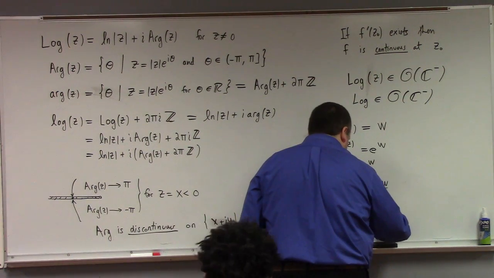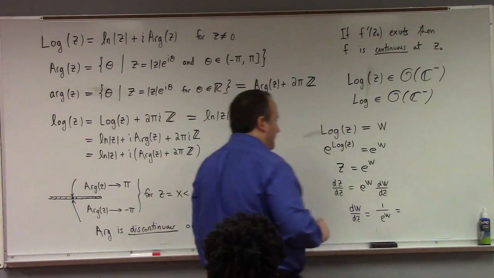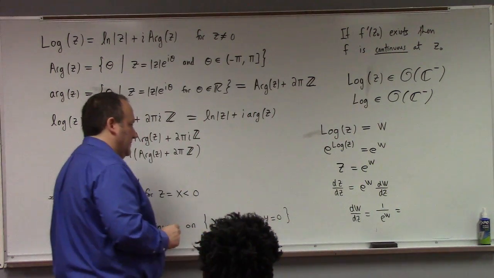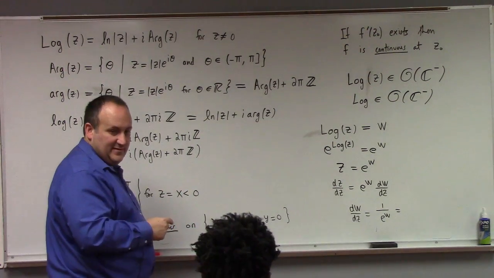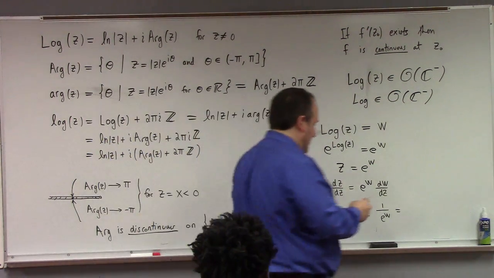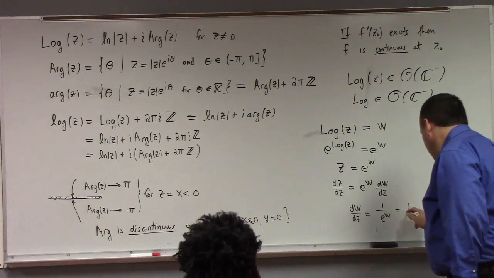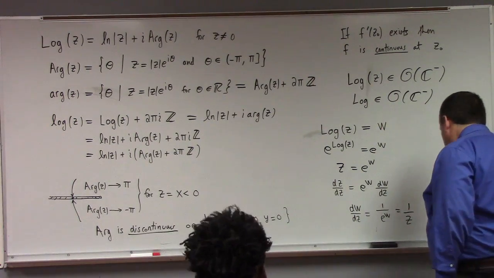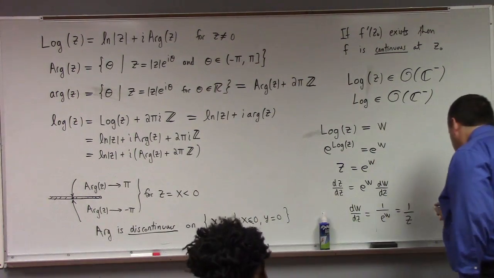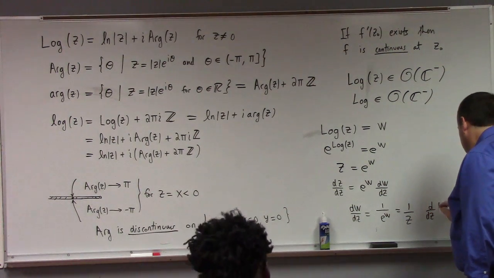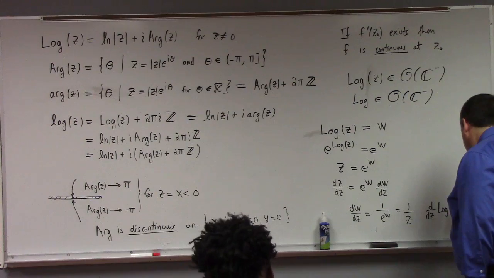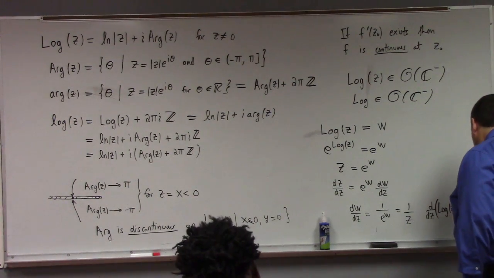But what is e to the w? Put it in terms of z. It's z. So dw/dz is 1 over z. So hooray, we've proved, well, prove might be too strong a term, we have derived that the derivative of log z is equal to 1 over z.